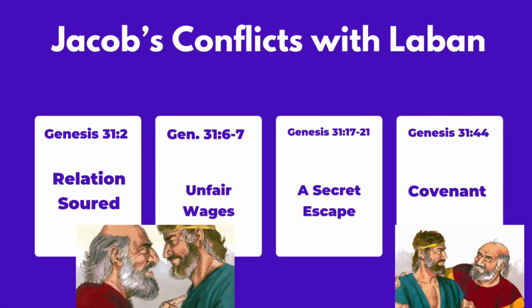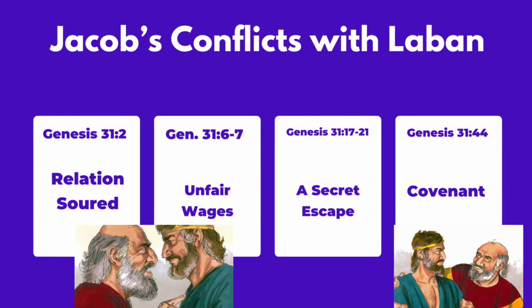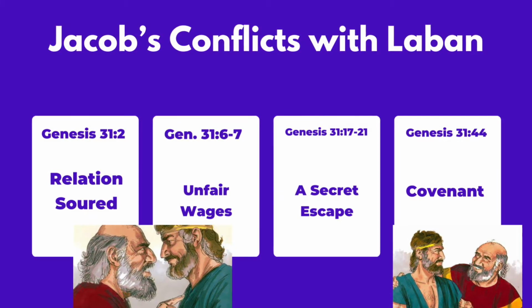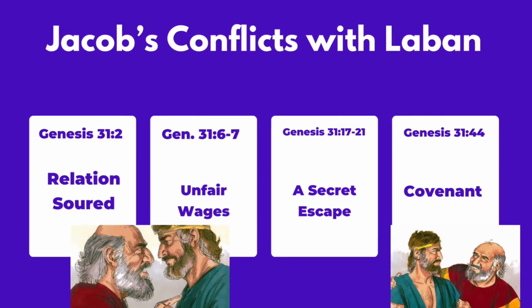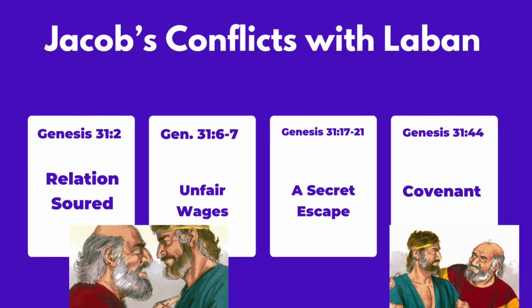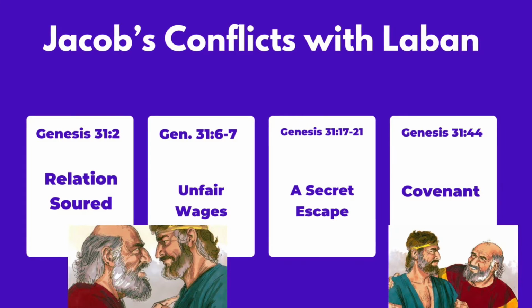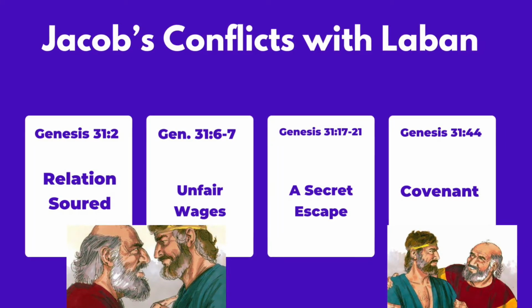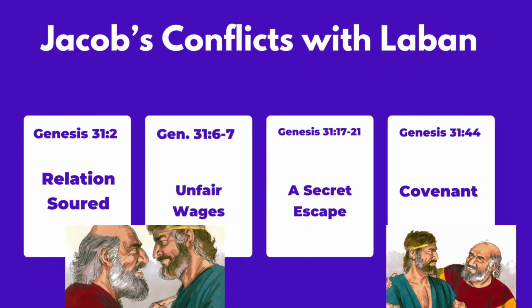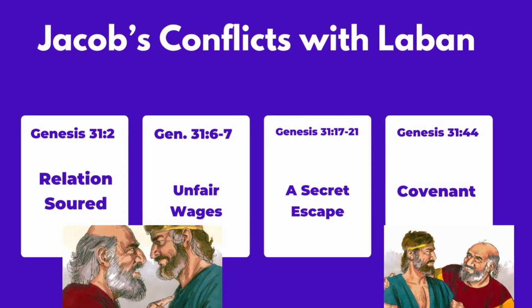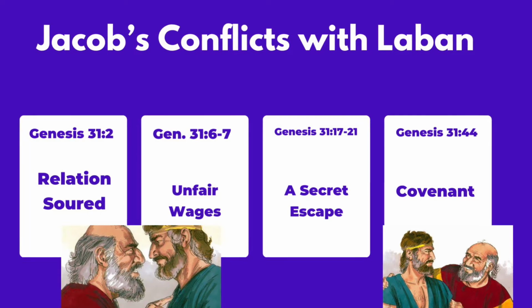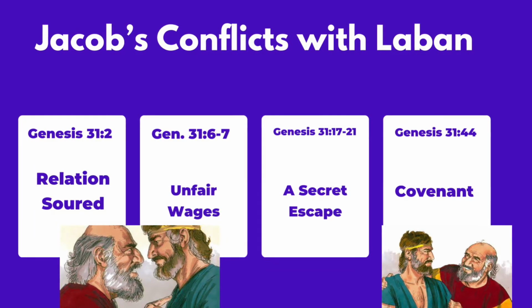Jacob's conflicts with Laban. Initially, Jacob flourished during his time in Laban's land, but their relationship soured. Genesis chapter 31, verses 6 through 7 states, "You know that I've worked for your father with all my strength, yet your father has cheated me by changing my wages 10 times.